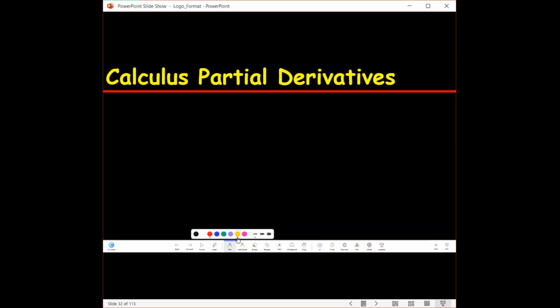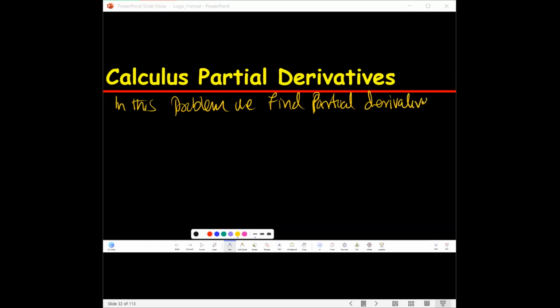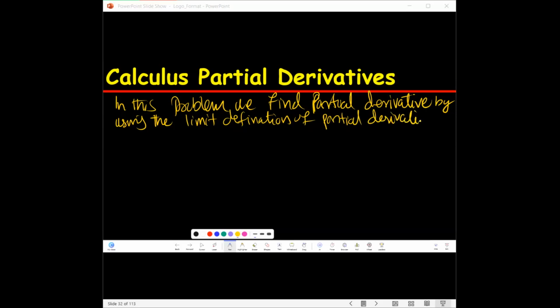So in this problem, we find the partial derivative by using the limit definition. Really, what does that mean?